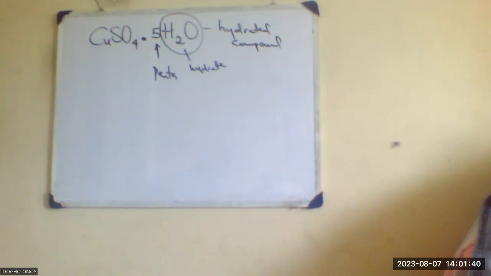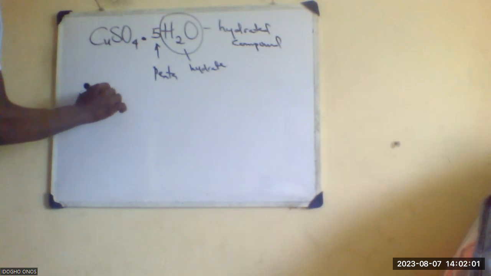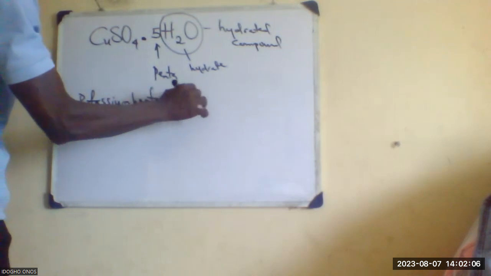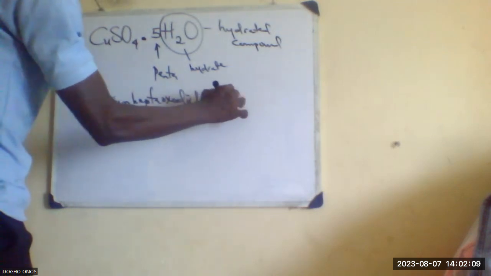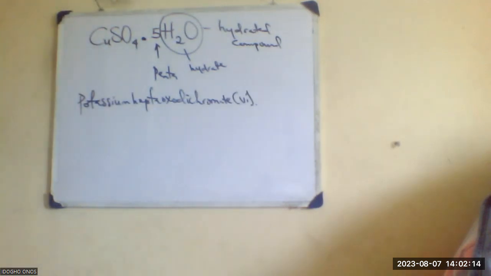Potassium heptaoxo dichromate 6. So in case you don't get it, that's the spelling on the board.